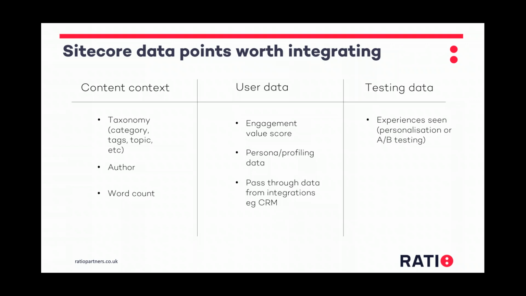And what we would normally do is pass the information about what test experiences people have seen, be it either personalization or A/B testing, because this ability to slice and dice is a great way to analyze the results of the test and work out what factors drove the result that you saw.